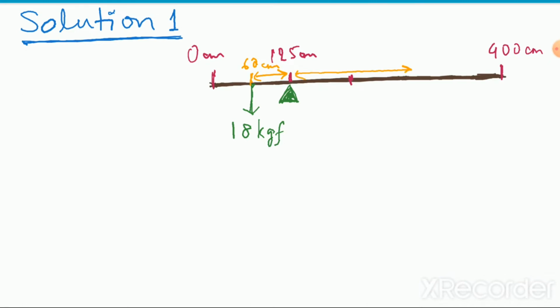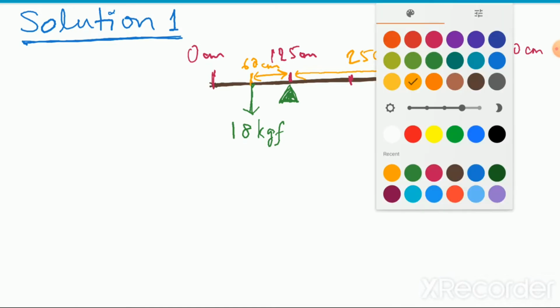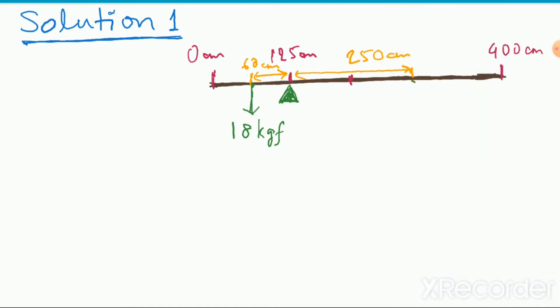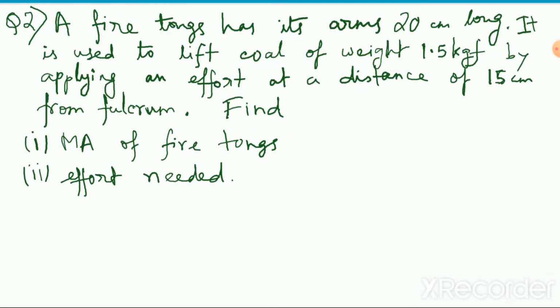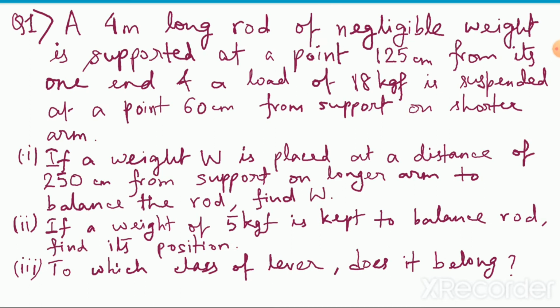If you add 250 to 125, you will get this position. So a weight of W is being put over this point, 250 centimeter from the support point, and it is in the balanced condition.